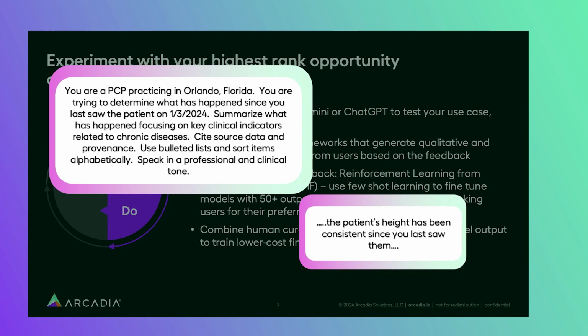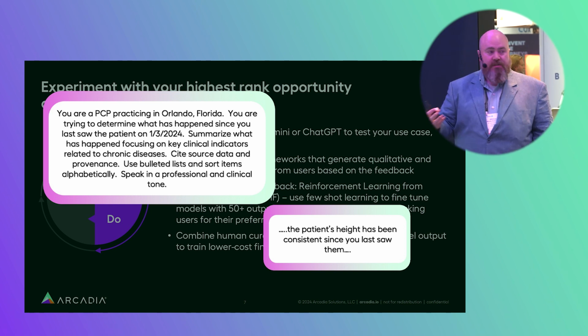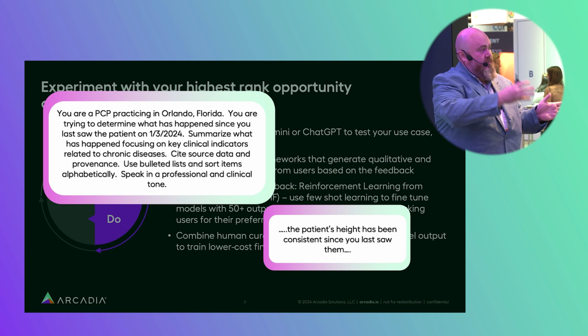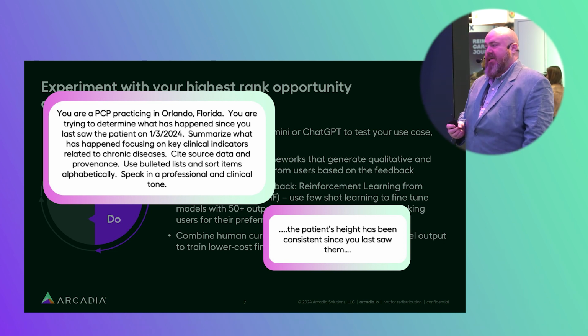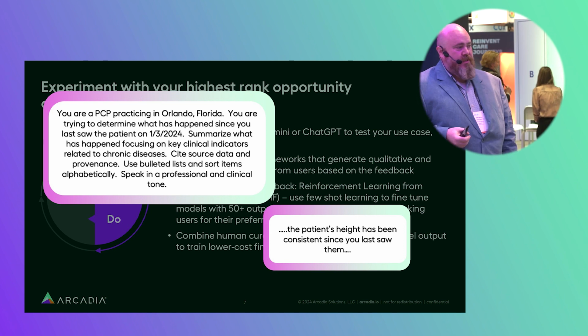And then we're asking it to summarize what are the key clinical indicators within the chronic diseases, cite source data. That's the kind of color information that you want to put in there to establish trust with the use case and the user. And then format, use a bulleted list, speak in a professional tone.